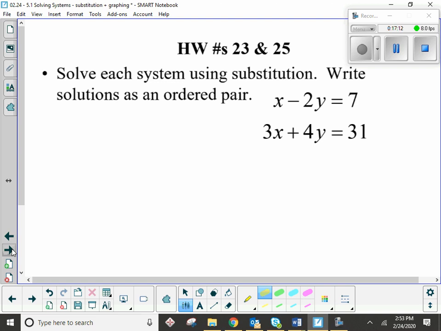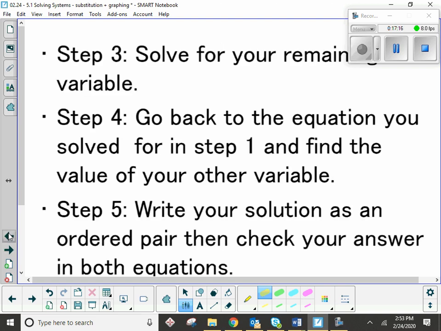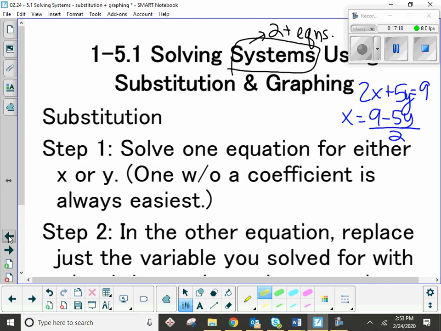Read step 1 to yourself. I love algebra. Read step 1 to yourselves in your brains. Step 1 says solve one equation for either x or y.